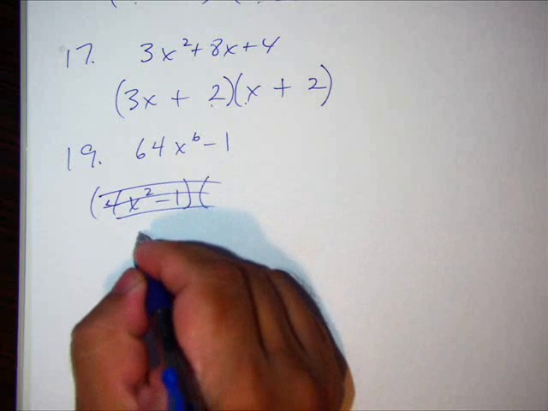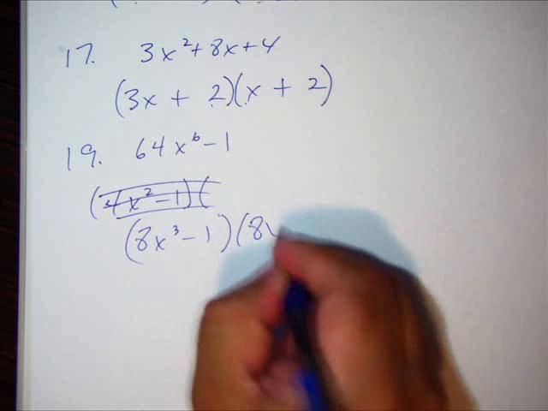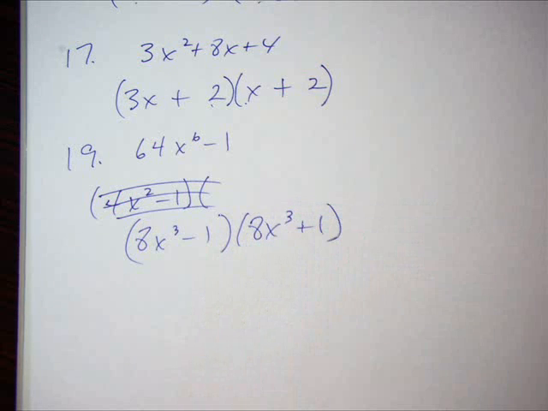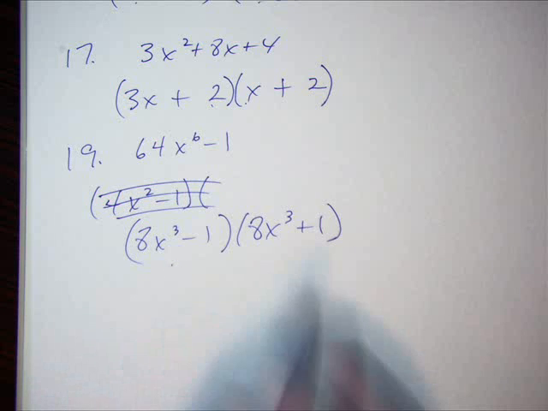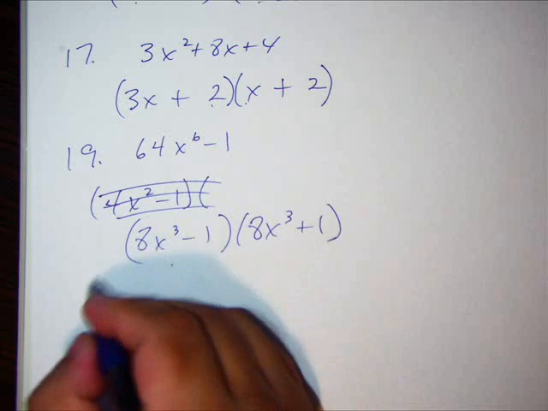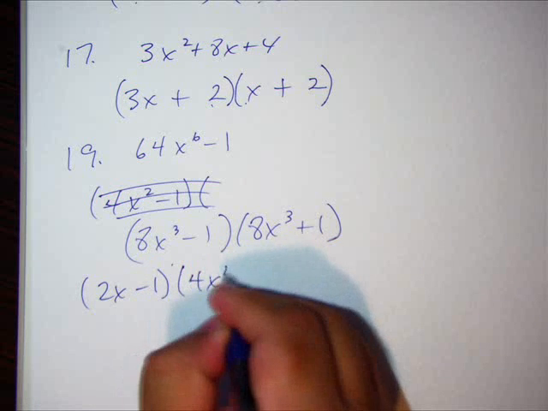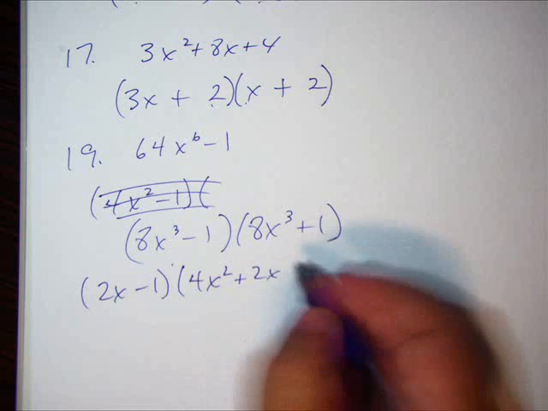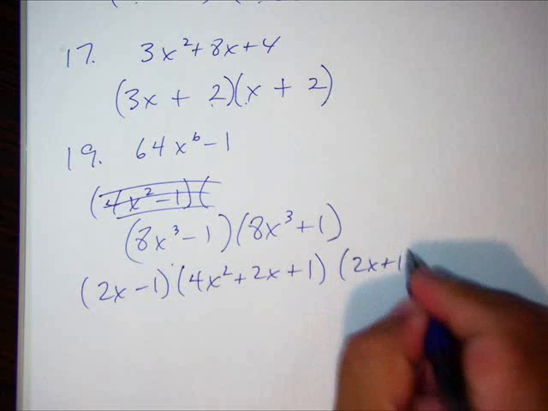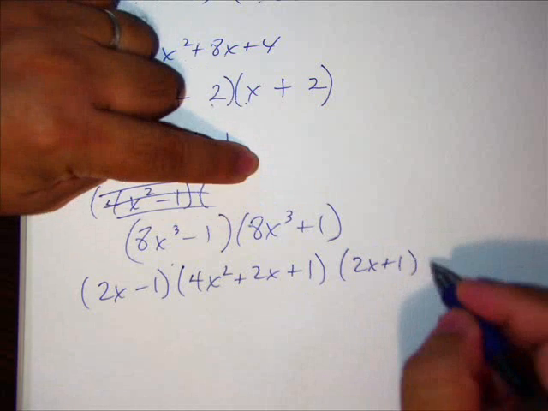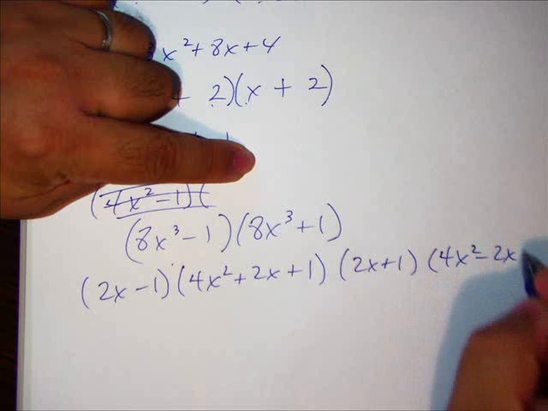Difference of two squares. 8x cubed minus 1, 8x cubed plus 1. Treat it as a difference of two squares. Then split it up into the difference and sum of two cubes. So that becomes 2x minus 1, 4x squared plus 2x plus 1. That's 2x plus 1. I'm factoring this now. So it's 4x squared minus 2x plus 1.